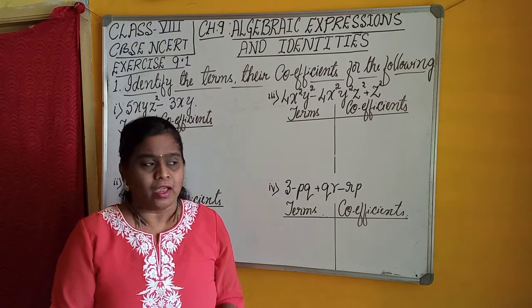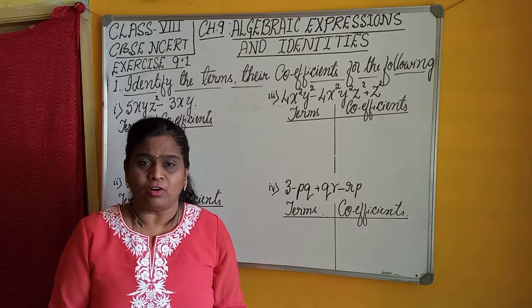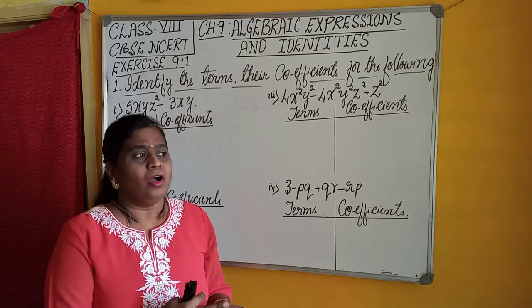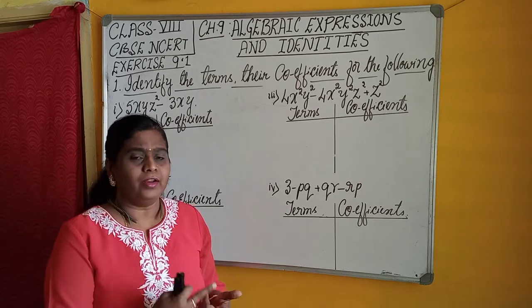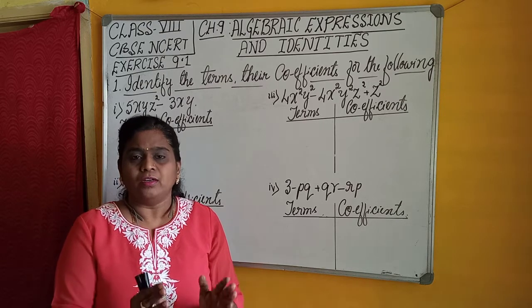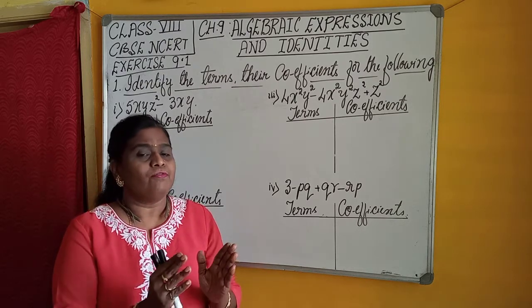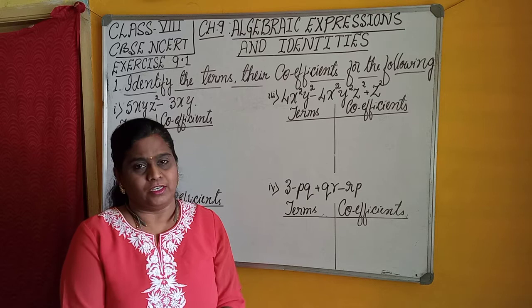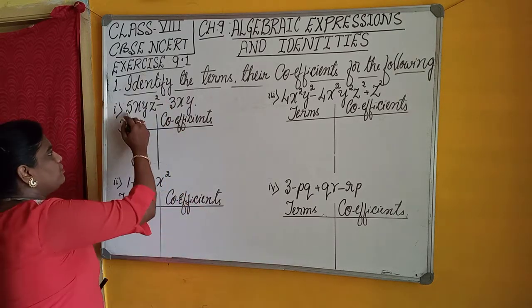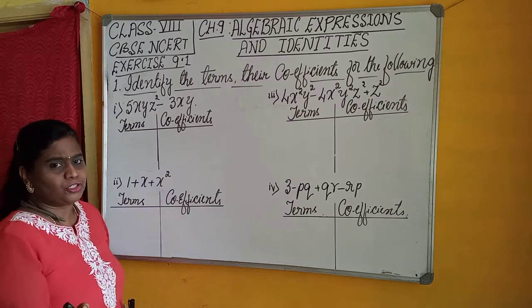It may be a product of a numerical constant or a variable. Therefore, we can consider a term as a product of factors. Understood? Here, this complete one is an algebraic expression.